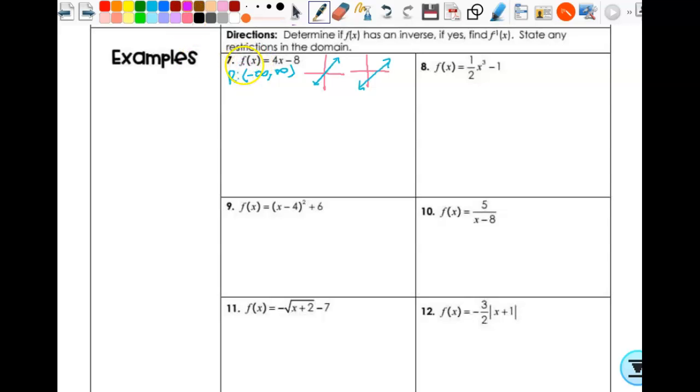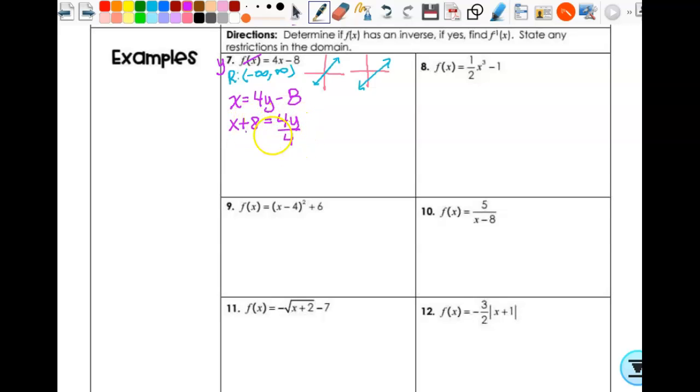We're going to replace f of x with y, and then we switch x and y. So that's going to give me x equals 4y minus 8. Then I very simply solve for y, which some people had a very big problem with on that first test. I'm going to add 8, so I get x plus 8 equals 4y.